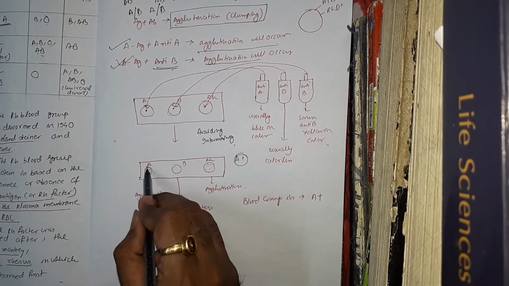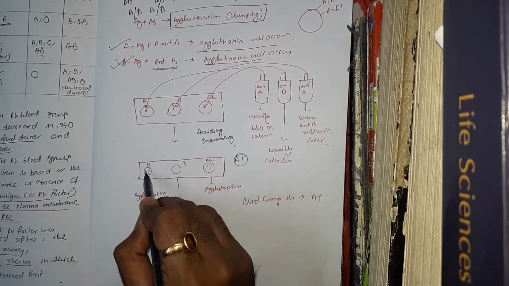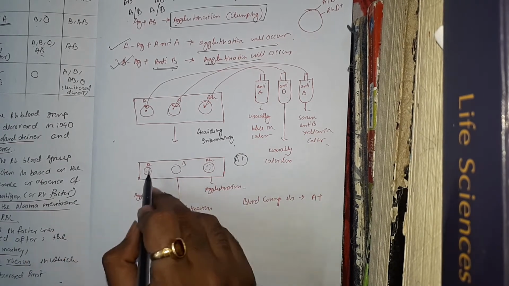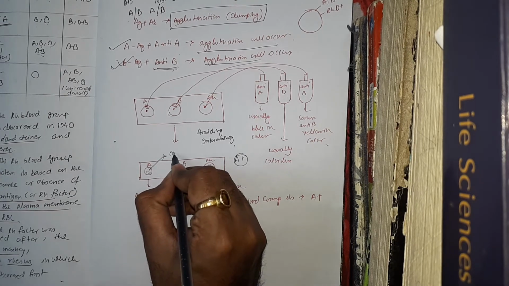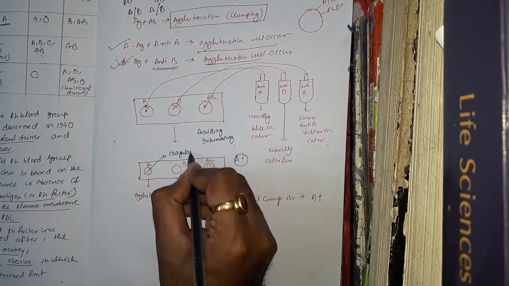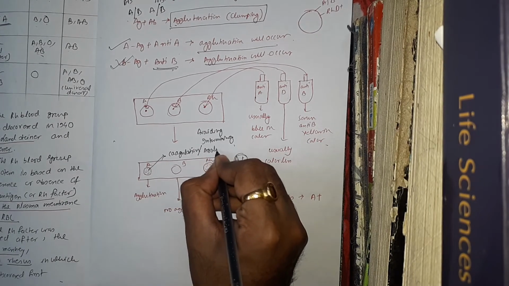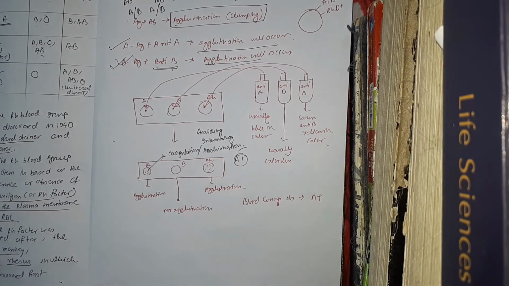After adding anti A to the blood, the A marked area will look distorted or granular. That simply depicts coagulation or agglutination that is going on when an antigen faces the same antibody, right?